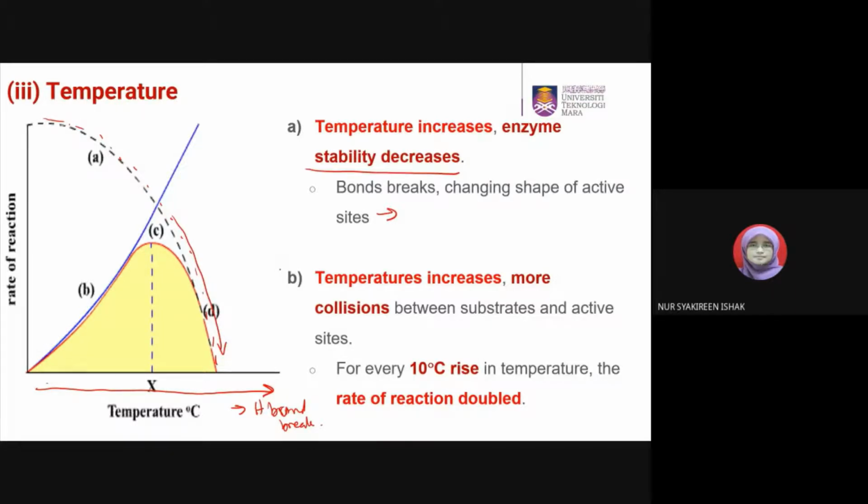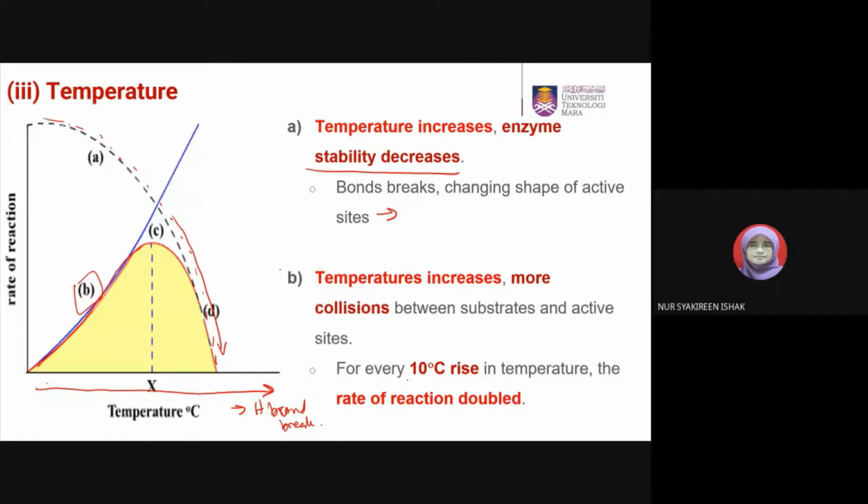Okay, so point B here. As temperature increases, you have more collisions between substrate and enzyme. When you have more collisions, you have more formation of enzyme-substrate complex and more production of products, until it reaches point C. We will look at point C in a moment.